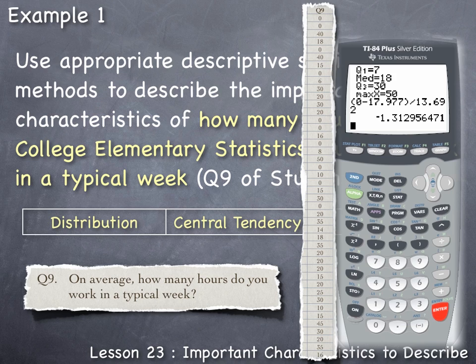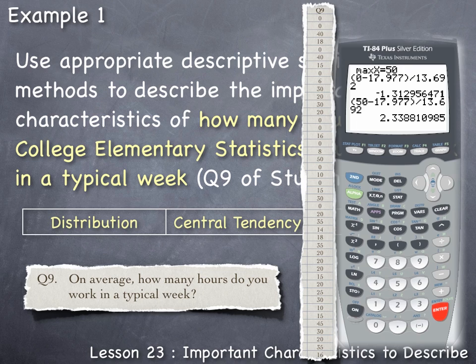So now let's find the standard score for the maximum data value of 50 hours. To do this, we go left parenthesis, then we take the data value in question, 50, subtract the mean, 17.977, right parenthesis, divide by standard deviation, 13.692. Enter.